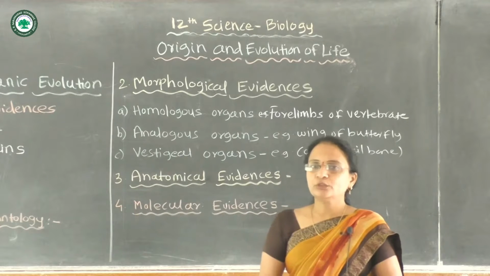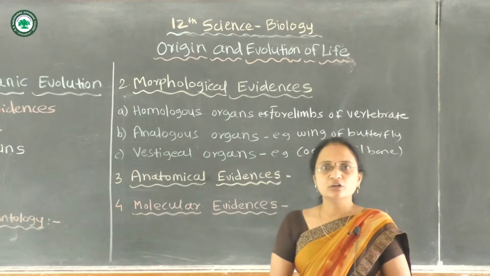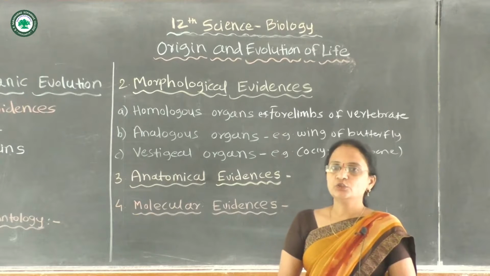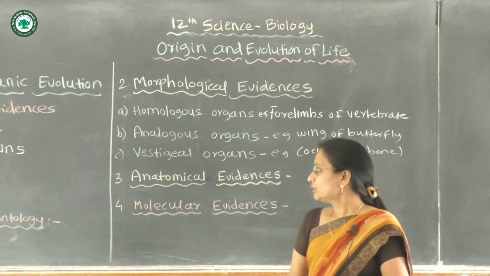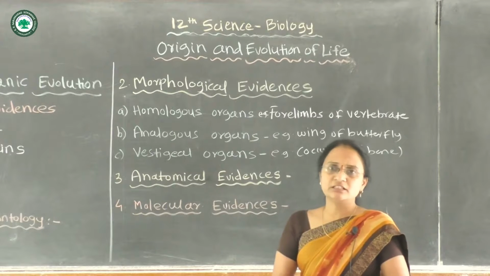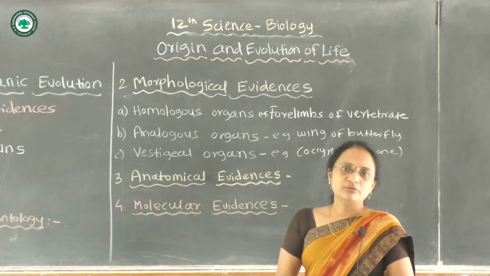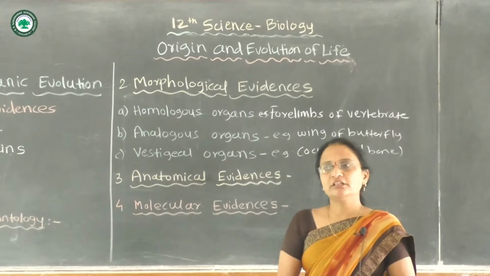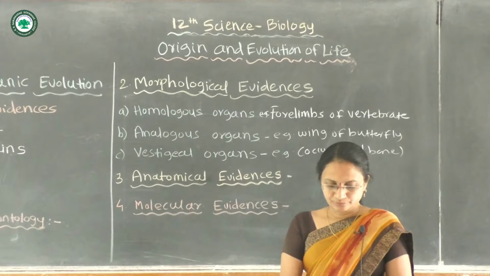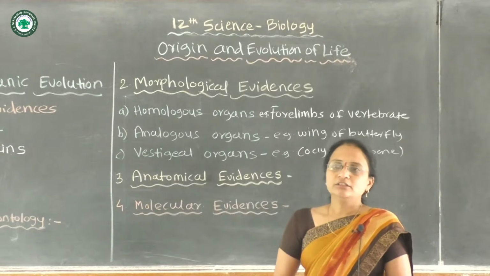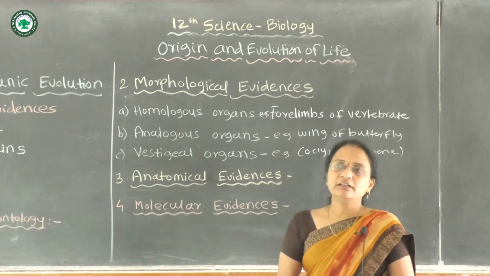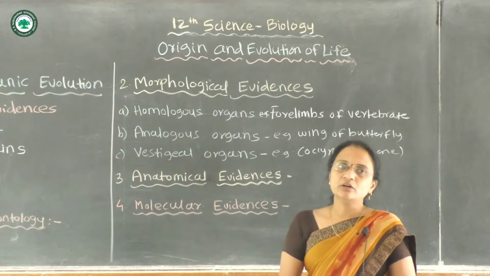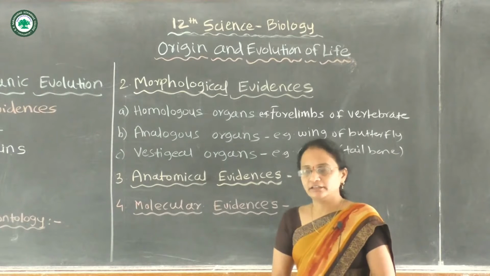ATP, as we know, is the currency of the cell, and this shows that these molecular evidences are the same, because life originated from the simple single cell, and this simple single cell shows genetic material in the form of DNA, RNA, and evolved organisms show double stranded DNA.